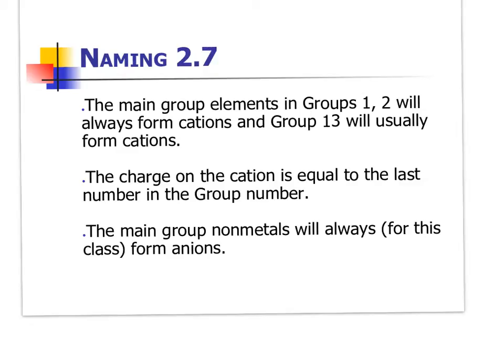The main group nonmetals for this class will form anions. That's negatively charged anions almost exclusively. We do that just to make your life a little bit easier as we are going through the learning process. Those positive charges will come back, and we will talk about them again a little bit later.